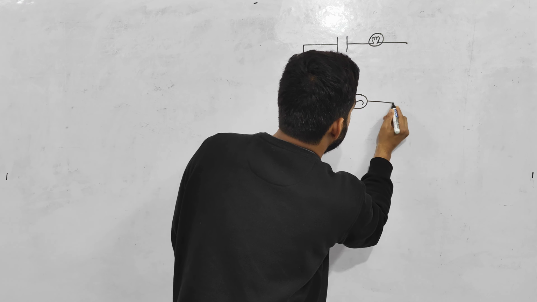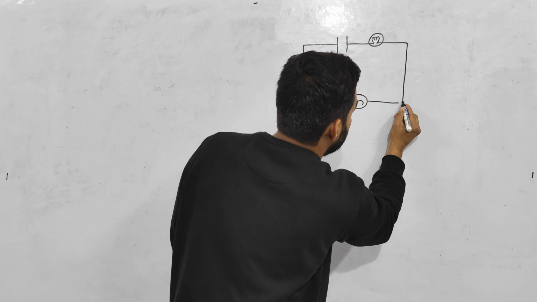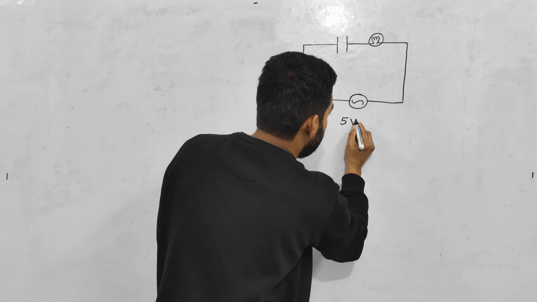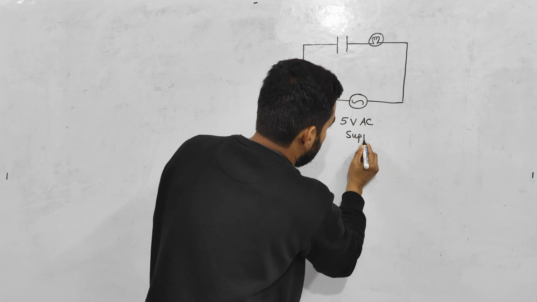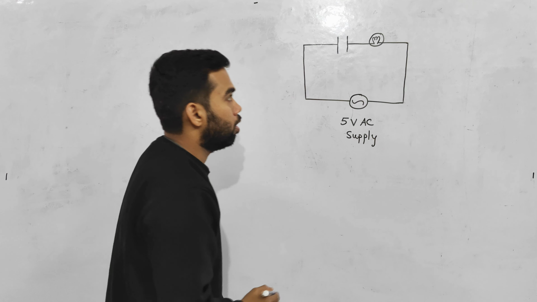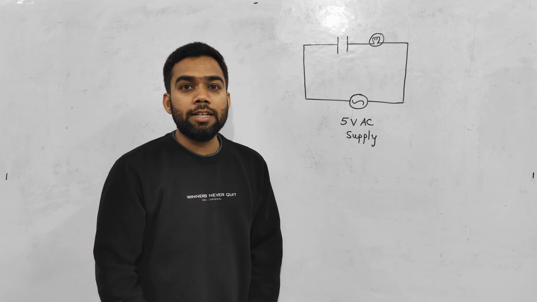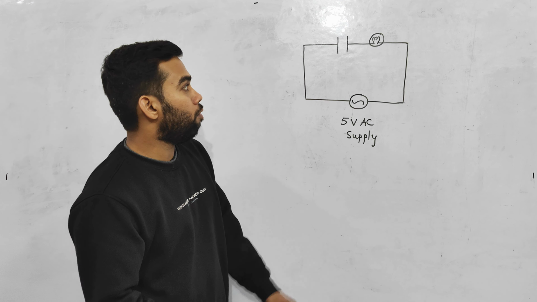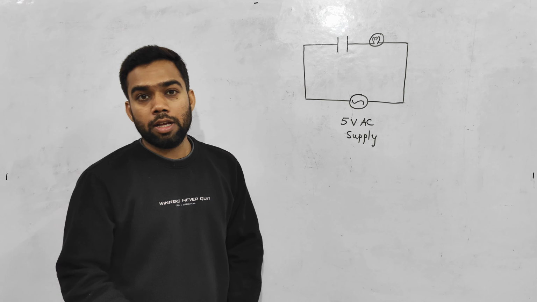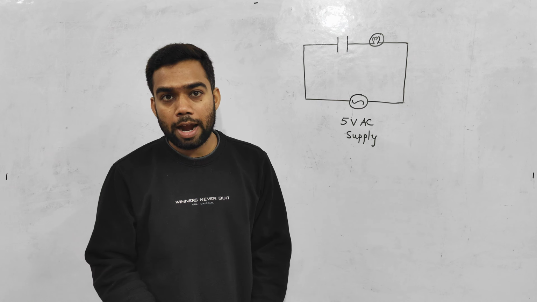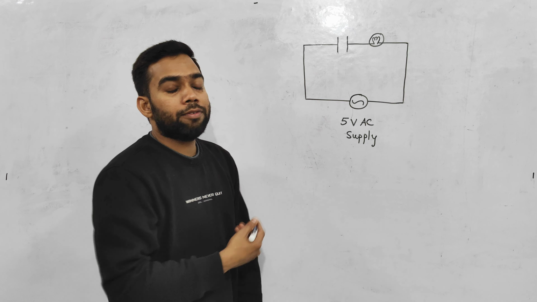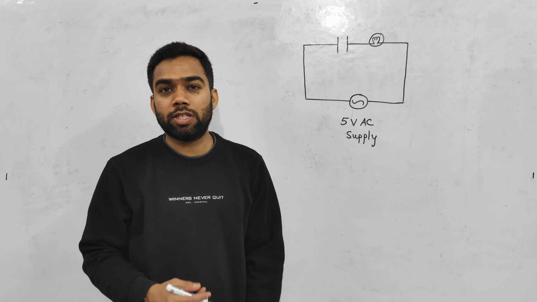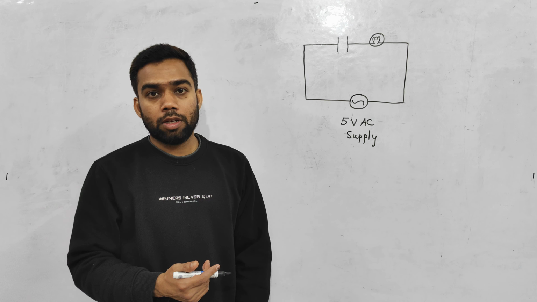This is a 5-volt AC supply. So in the initial part of the experiment, the value of this capacitor was 1000 microfarad, and later on I replaced the 1000 microfarad capacitor with a 470 microfarad capacitor.